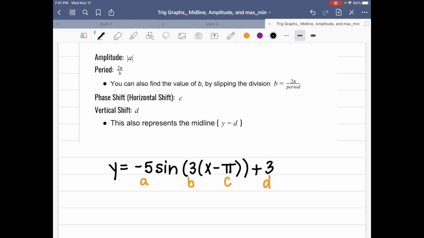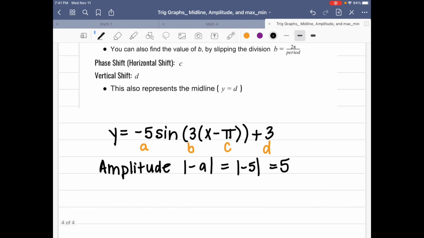So my amplitude is going to be the absolute value of A. Why is it the absolute value of A? Well, it's a distance, and we can't have a negative distance. So I would have the absolute value of -5, so my amplitude here is just going to be 5.